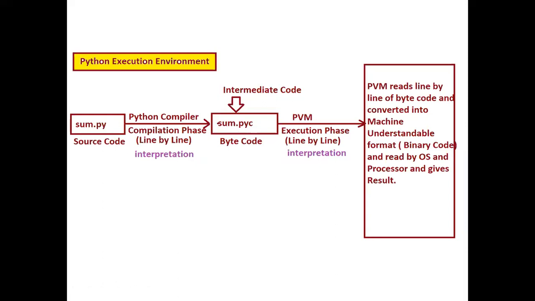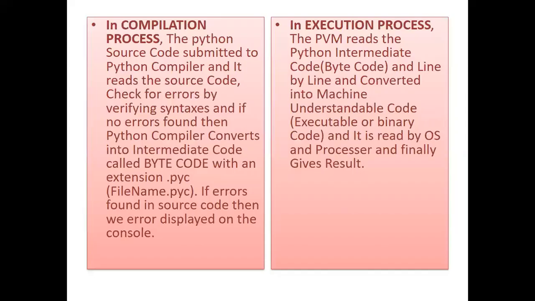After that, if no error is found, the execution process takes place. The PVM reads it line by line, converts it into the machine understandable format, that is binary code, which is read by the OS and gives the result. Is this clear to you, students? Have you understood the compilation process and the execution process? Any questions still here?